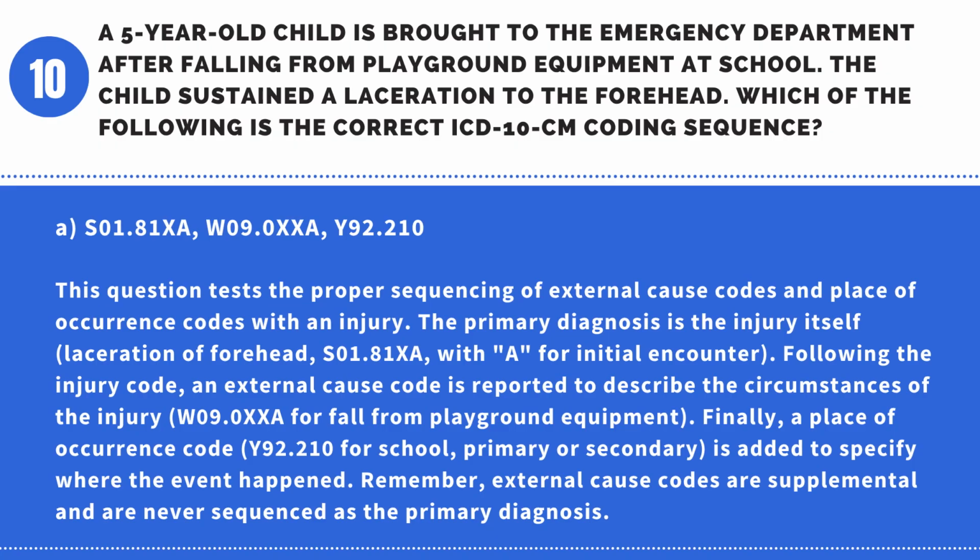Following the injury code, an external cause code is reported to describe the circumstances of the injury, W09.0XXA for fall from playground equipment. Finally, a place of occurrence code, Y92.210 for school, primary or secondary, is added to specify where the event happened. Remember, external cause codes are supplemental and are never sequenced as the primary diagnosis.